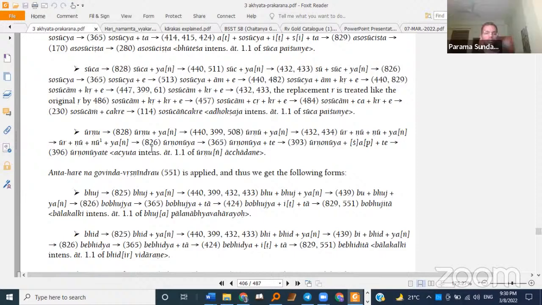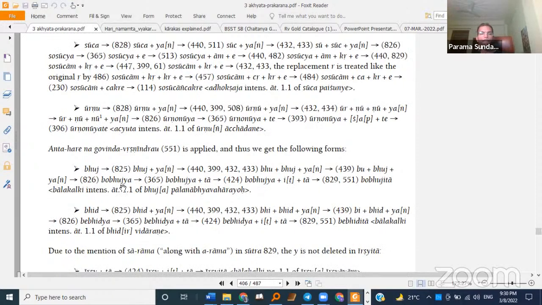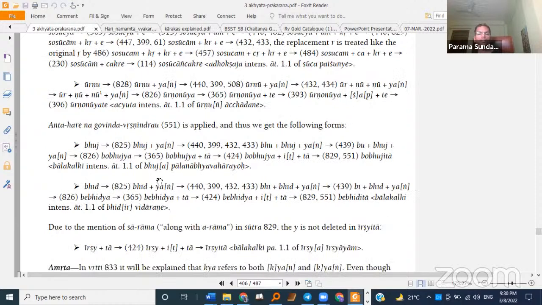But then Bhuji Yukta Yang. Reduplication Hari Khadgasya Hari Kamalam. Narasya Govinda Yangi Bo Bhujya. Then Bal Kalkita. Then deletion of ya.